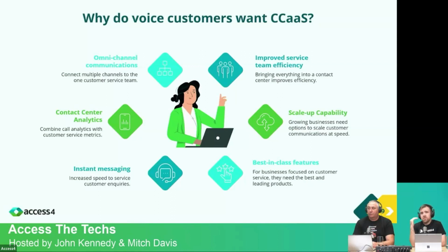With this, it's really easy to scale. There's no minimum and no maximum number of SIP trunks you can provide into it, and that's all it is. It's how many channels you want into that platform, ready to go. And then you get that best-in-class feature set. Access 4 has always said that we try to bring the best-of-class features and products to our partners and our end customers, and with that, we're not competing.